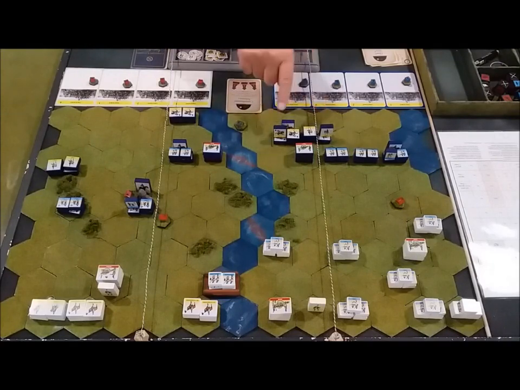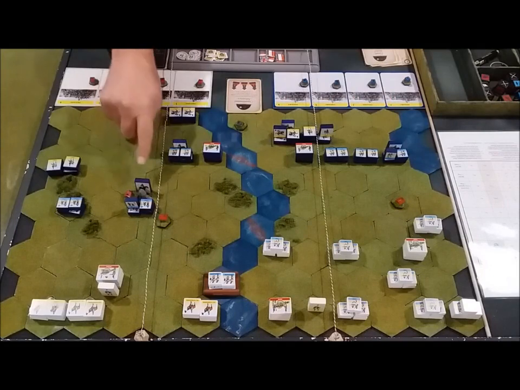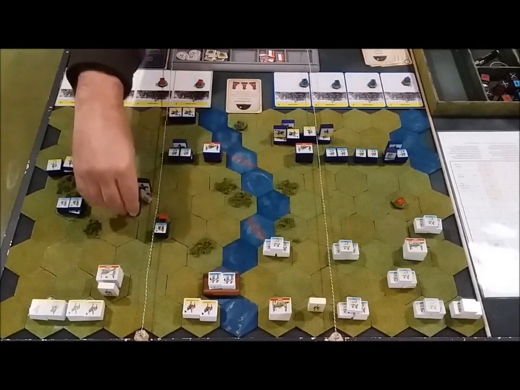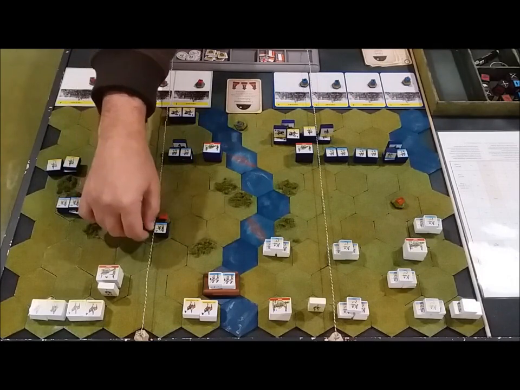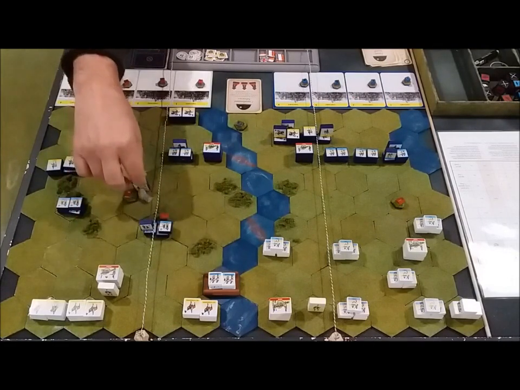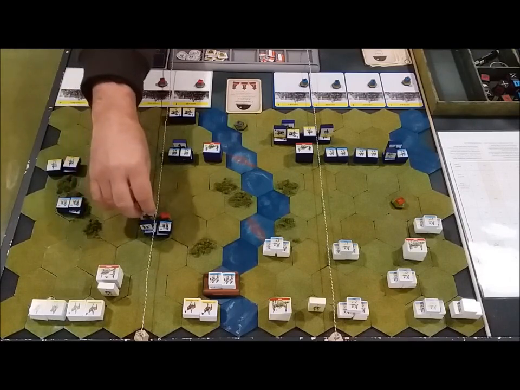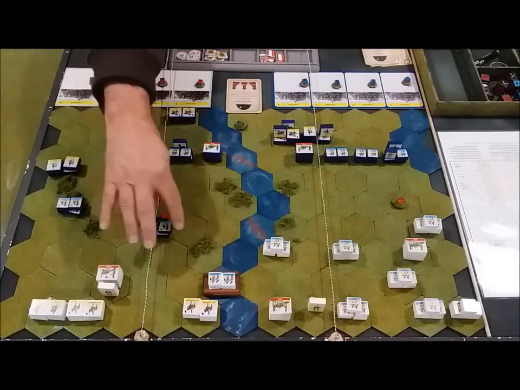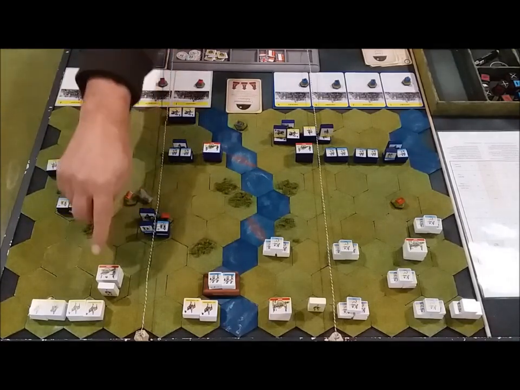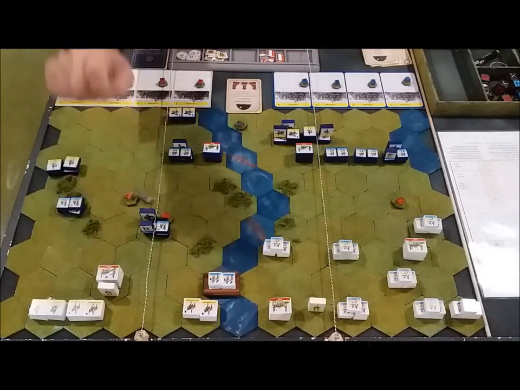So that's the two in the centre, one on the left, one on the right. So right flank is going to move forward to here. Oops, sorry. Into the other part of the town, and they can bring this under fire now.